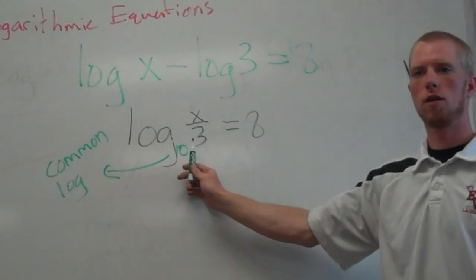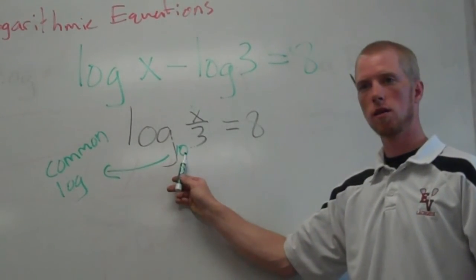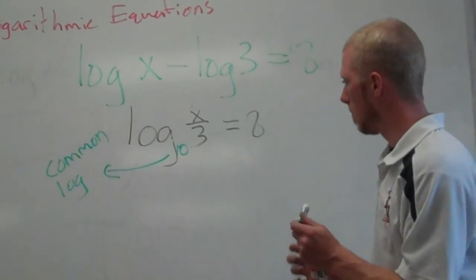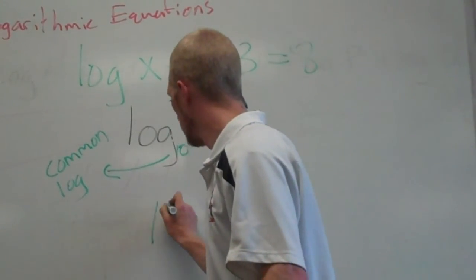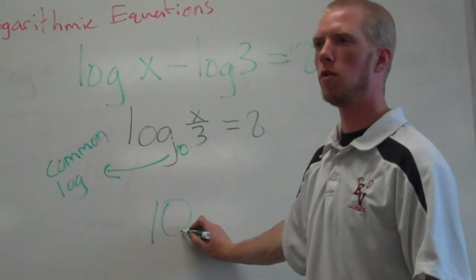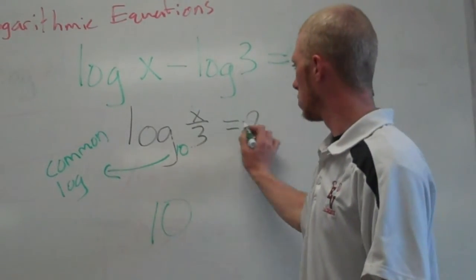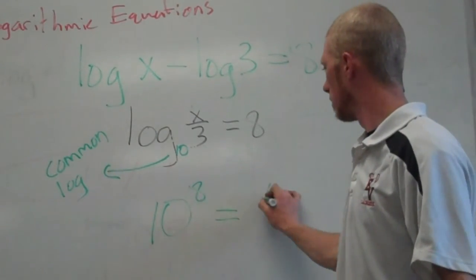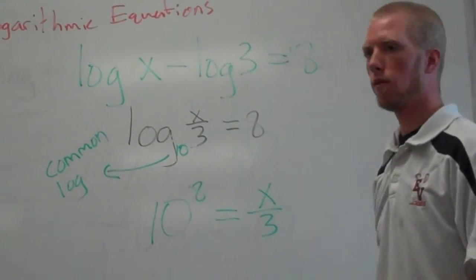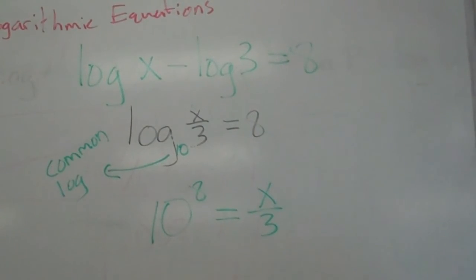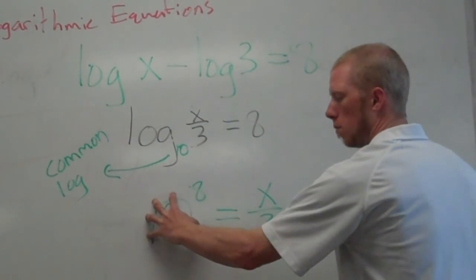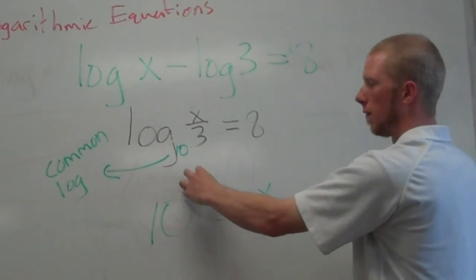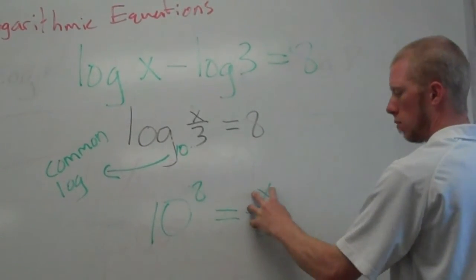So if you ever have a logarithm without a base, the base is really 10. So I get 10 to the 8th equals x over 3. I took the base, made it the base of my exponent, I took the answer and made it my exponent, and I took the number after and made it the answer.